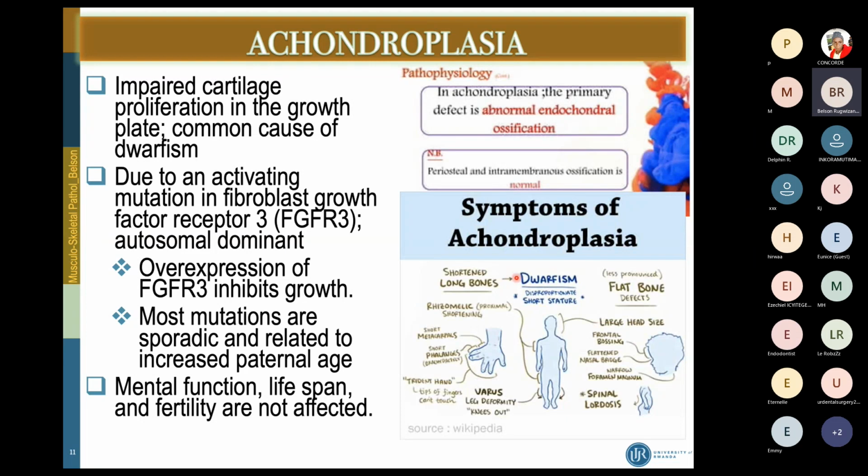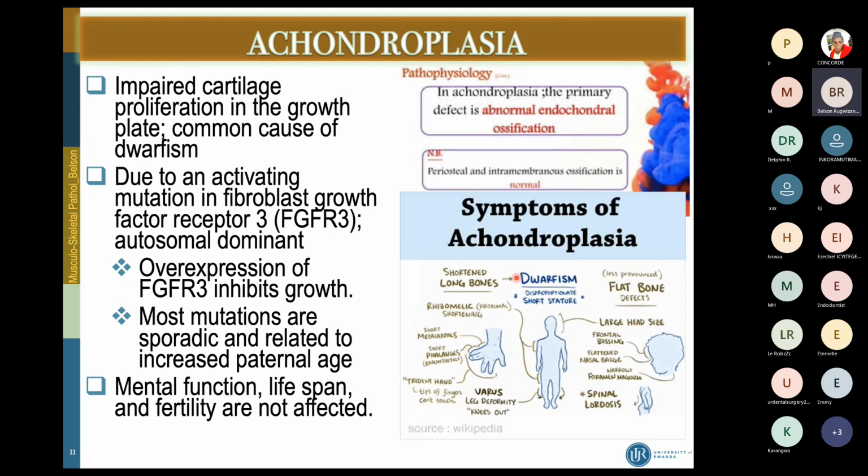So the first one is achondroplasia. I think you are familiar with this. A just means absence. Chondro is cartilage. Plasia is tissue and so on. So it is when there is an absence of or defects in the ossification of the cartilage.